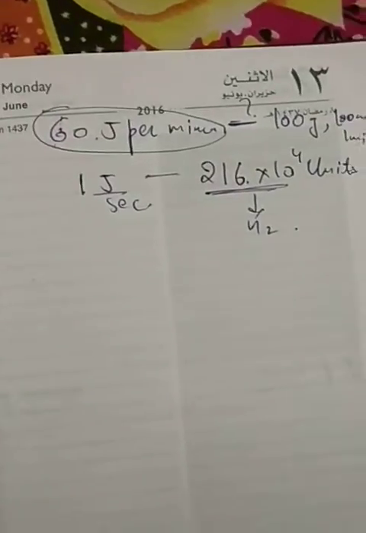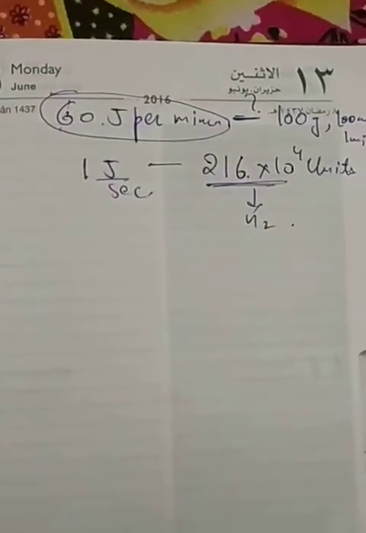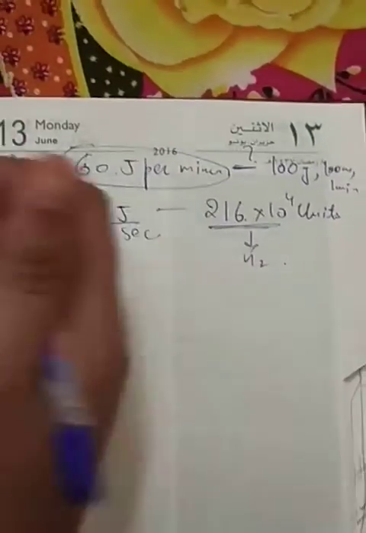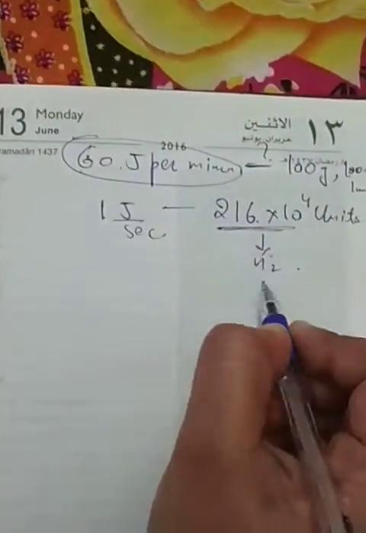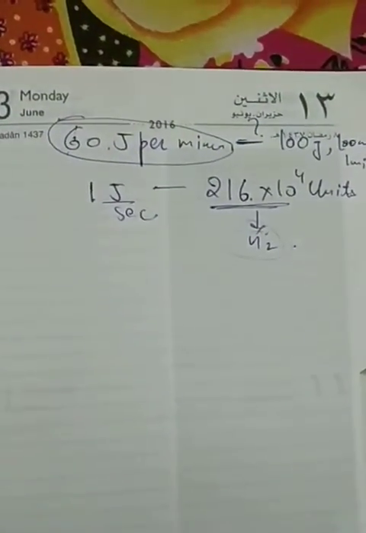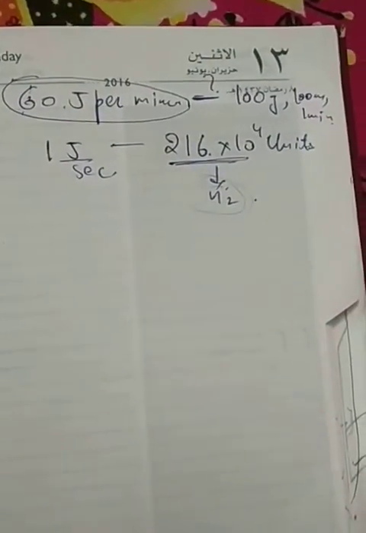We have lots of questions on this formula, on this dimensional analysis for conversion of one system to another, to find out these constants n1 and n2.